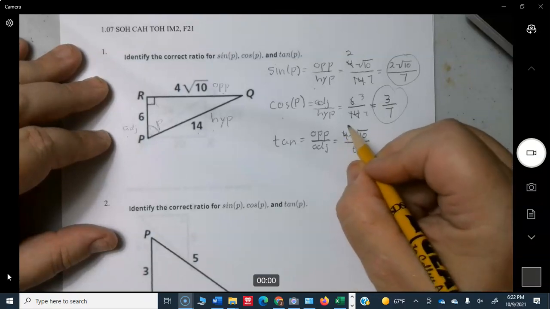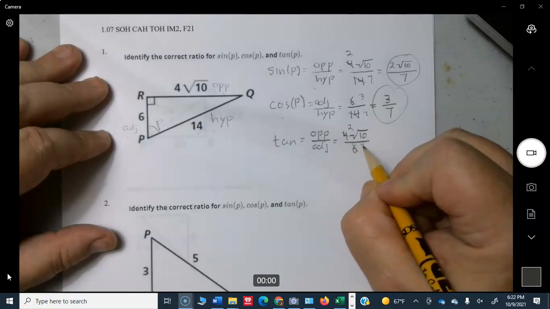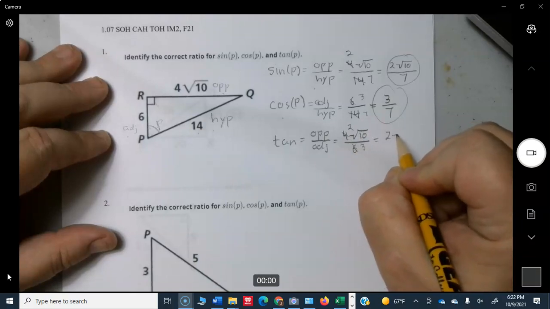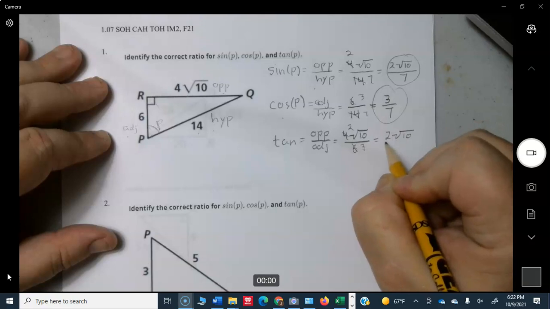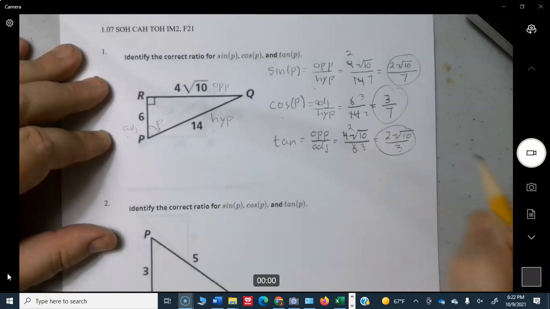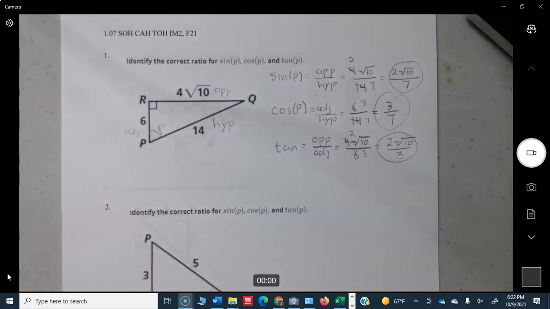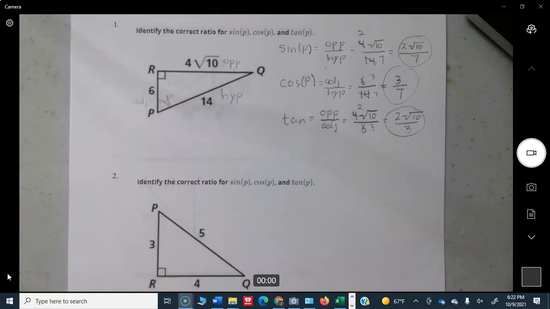Okay, so 2 goes into 4 2 times, goes into 6 3 times, so that equals 2 root 10 over 3, and that's the answer. And that's all these questions are asking you to do. They're just asking you to learn to identify the different sides of the triangle.